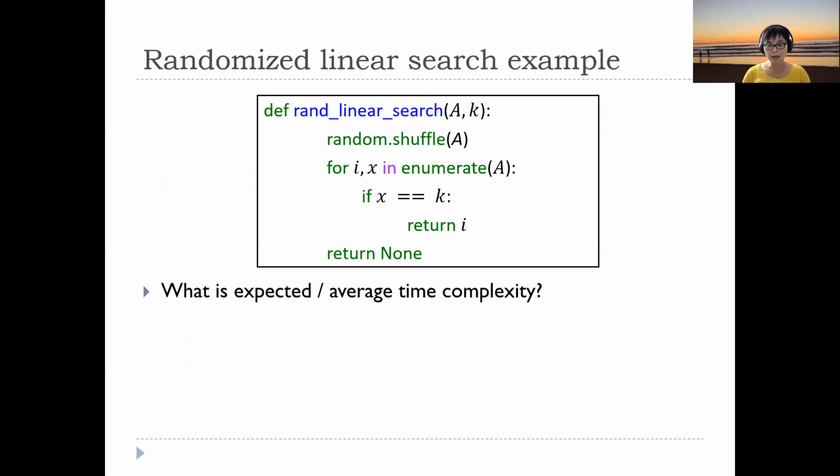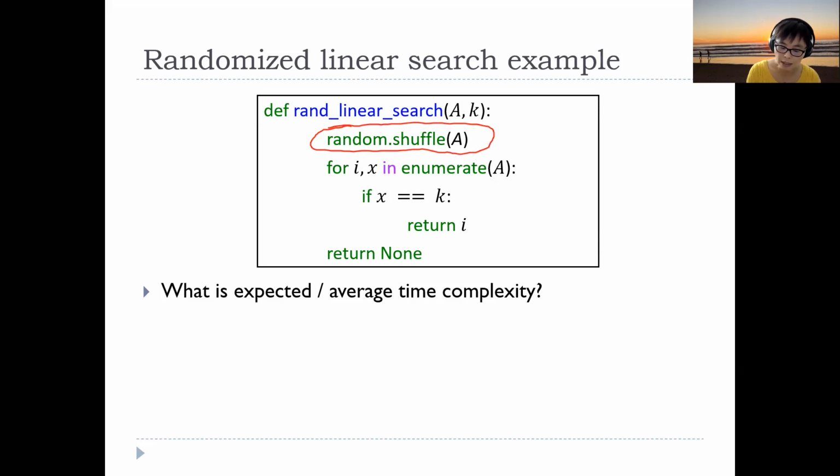So let's look at the following example. This is just the same search problem. We're given the array A and the key K, and I want to see whether this key K is in the array or not. The only difference is that before I do the search, I first randomly permute the array.